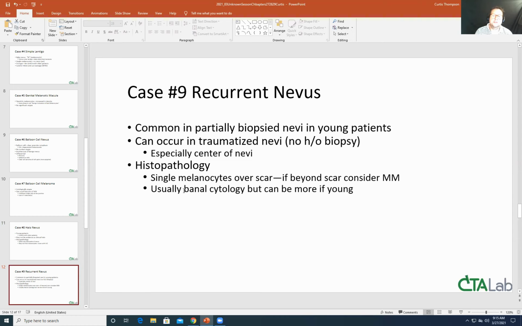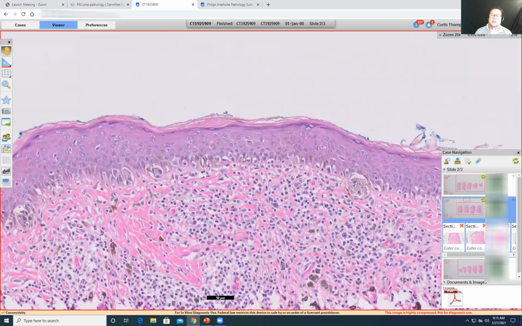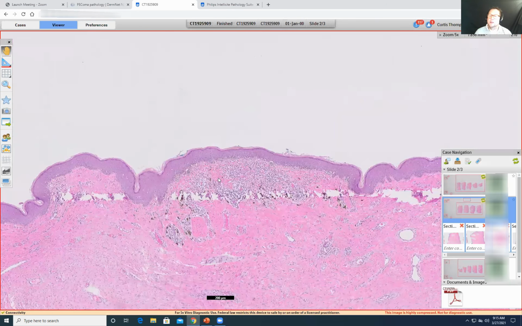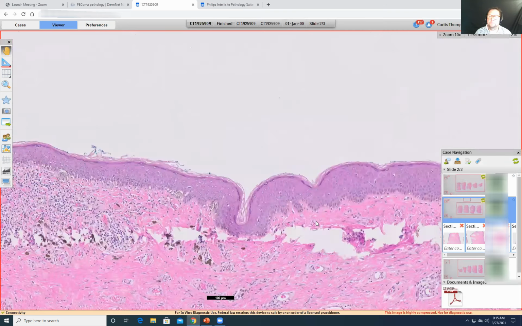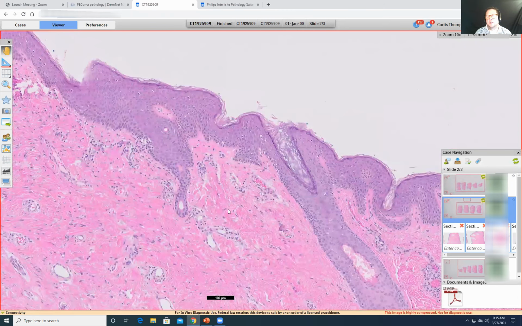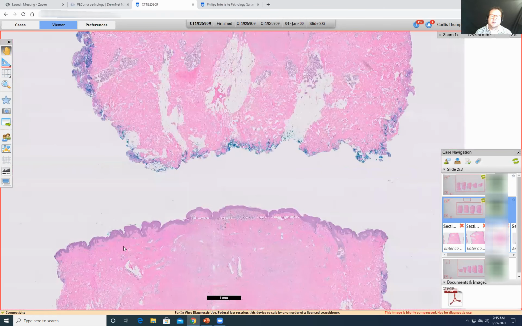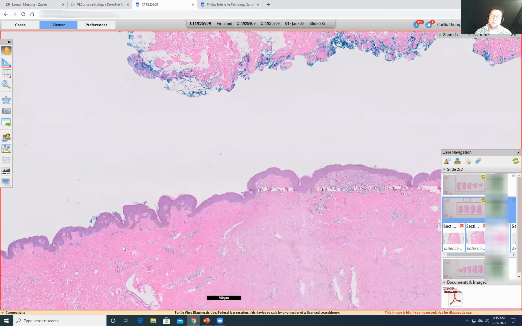And they usually have a banal cytology, but the younger the patient, the more atypical they can be. And you can see that in this case too. But here's the point. So here's the scar, and just see how they stop. They do not go off over here. So single cells continuing to go off, we would entertain a diagnosis of melanoma in situ.